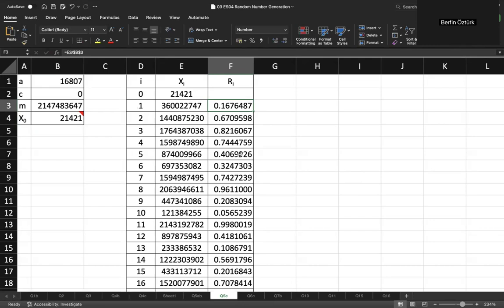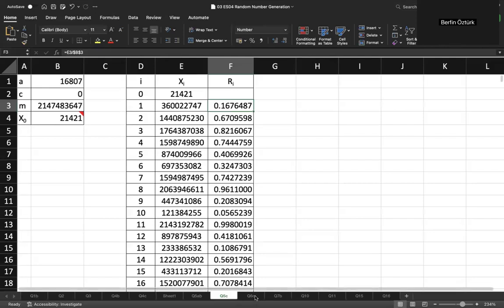So these parameters, the seed, C, A, and M, are very important for these sequences because we want a long cycle length, as maximum as possible, and we want them to conform to the properties of uniformity and independence.